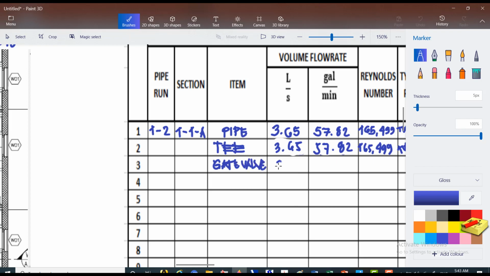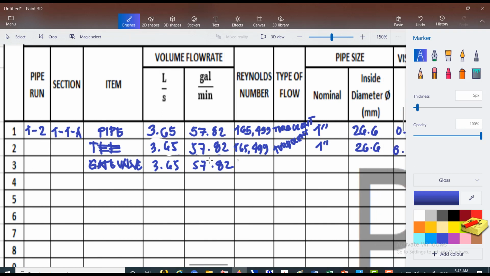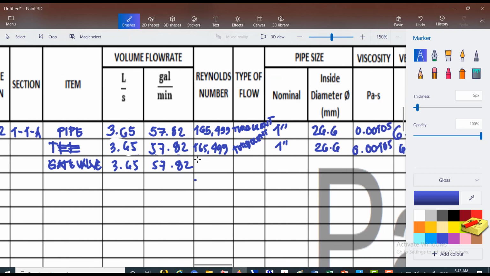So the same also, flow 3.65. So we have 57.82. Then we have the Reynolds number, which is 165,499. You have turbulent flow. Then the size of 1 inch.